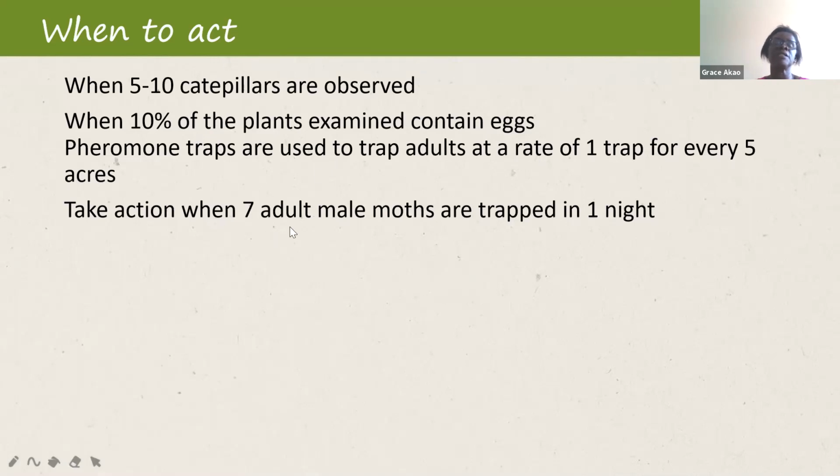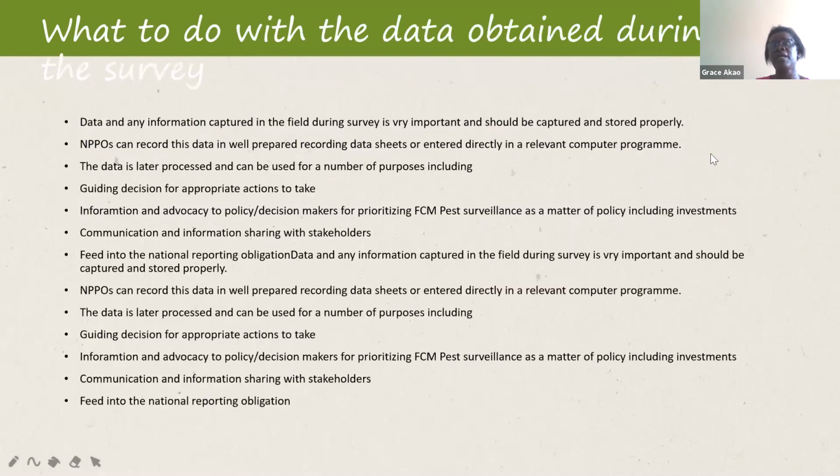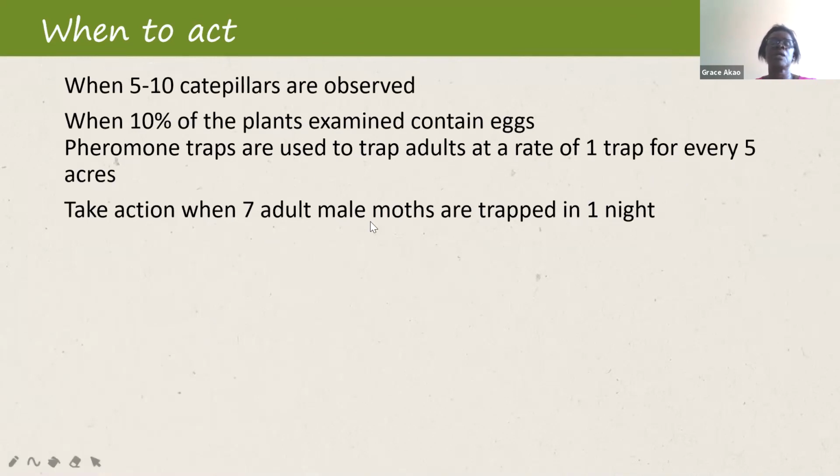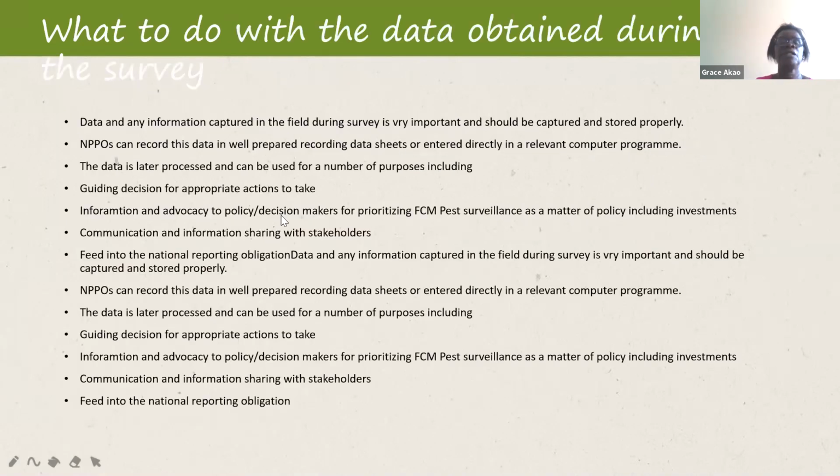You take action when 7 adult male moths are trapped in 1 night. So in the 5 acres, you can provide guidance for action to be taken when you are at that level of adults in the trap.